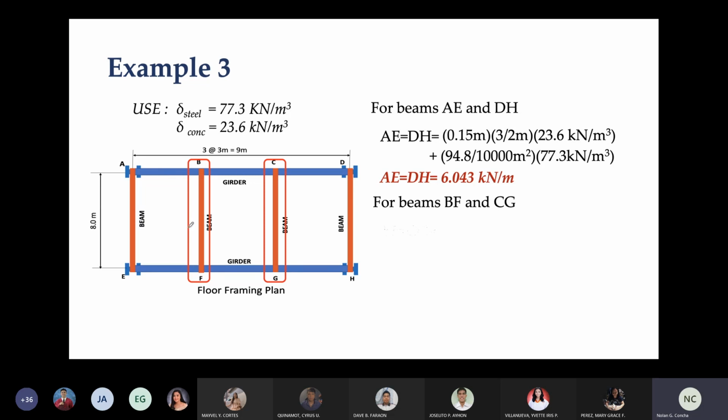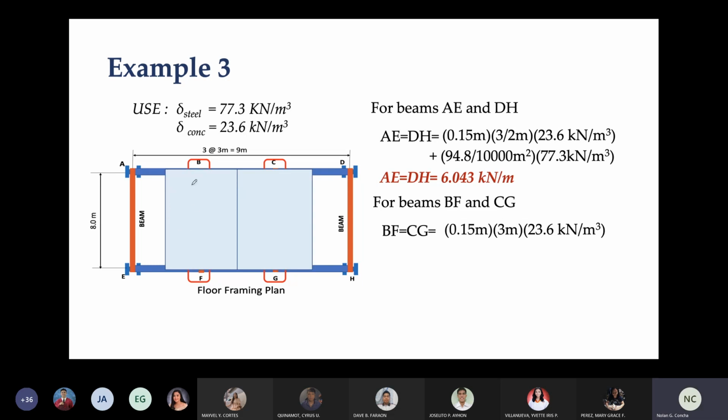Kaya isang buo. Di ba? Isang buo yun na dadalin. So again, yung thickness na 0.15, then yung 3 na tributary width, and the unit weight of concrete. And then we add the self-weight again of the beam, which is 94.8 times the unit weight of steel. And so we have the load in your BF and CG.